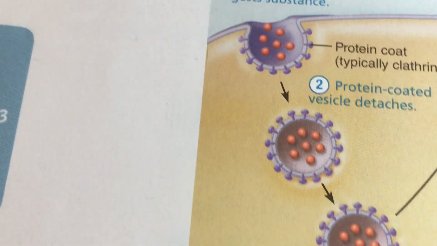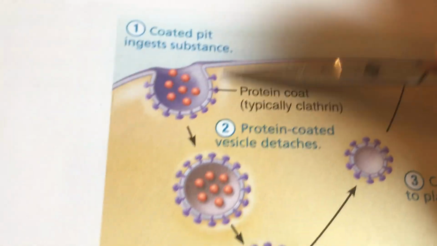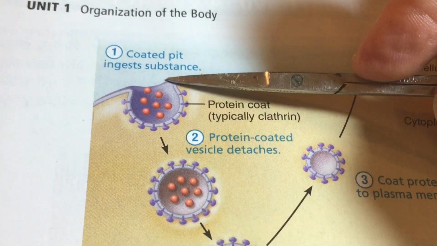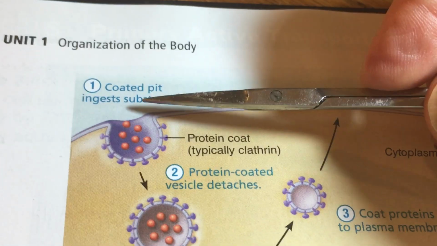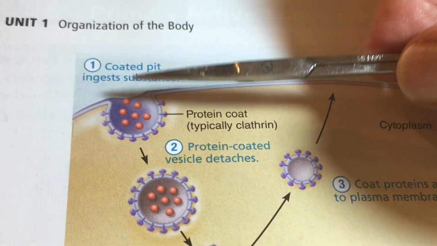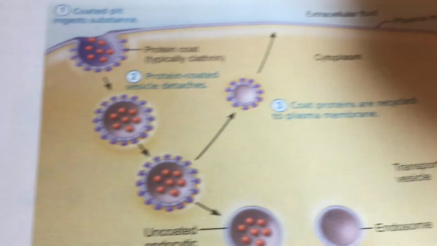We have an example here of where we're going to be collecting some items from the outside of the cell, foreign particles or nutrients as the case may be, and we're going to be bringing them into the cell.